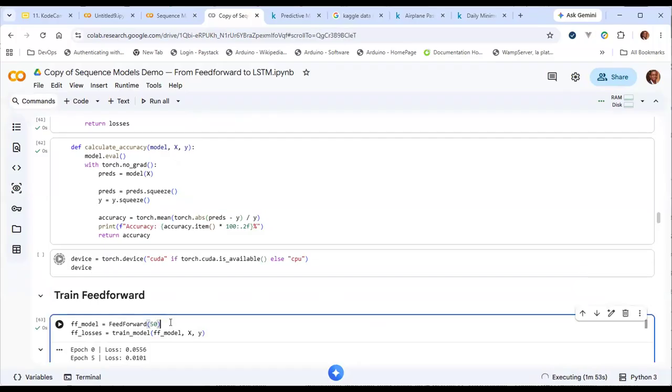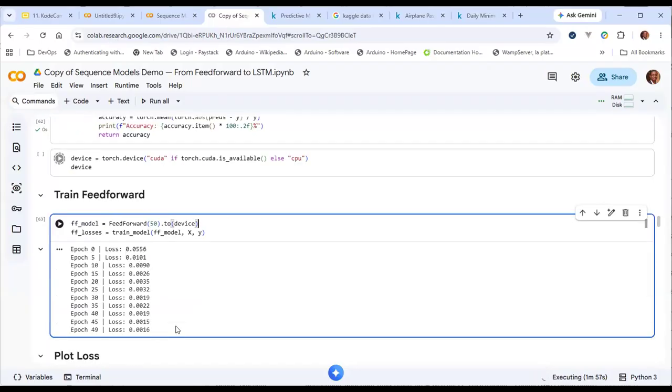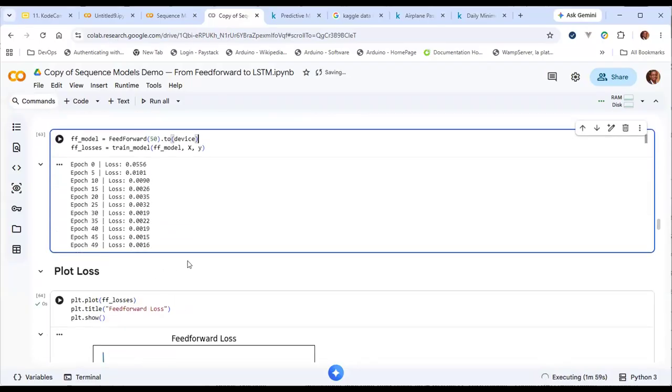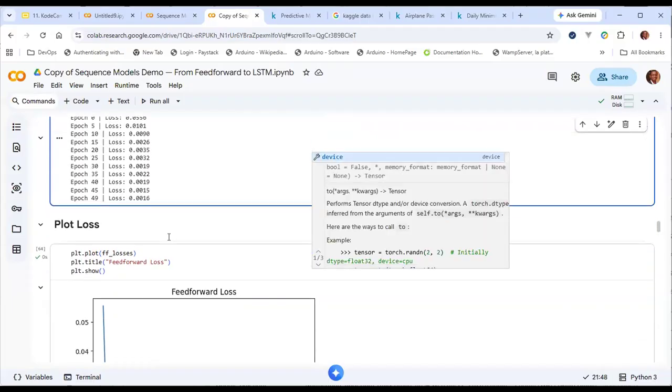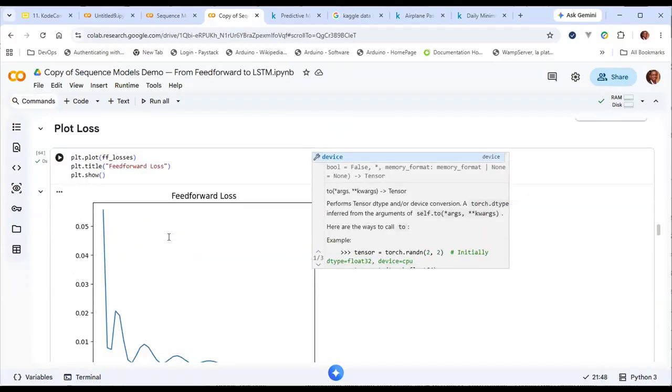So feed forward to device. In train, we also have to move this to device. We can move each of them to the device. Okay. So that will make it faster.